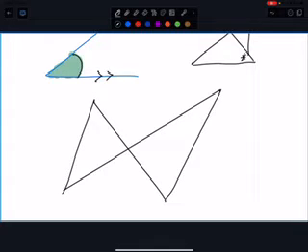Two triangles. There we go. I found this on the web. They ask you to find the other angles, and you only know the inside of there is 70.